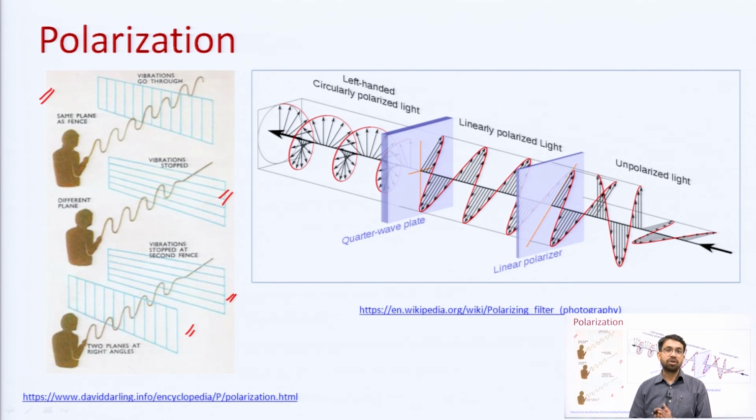This light is called plane polarized light, and the process of confining these vibrations from all the planes to a single plane is called polarization. We will discuss polarization in more detail in the following lectures.